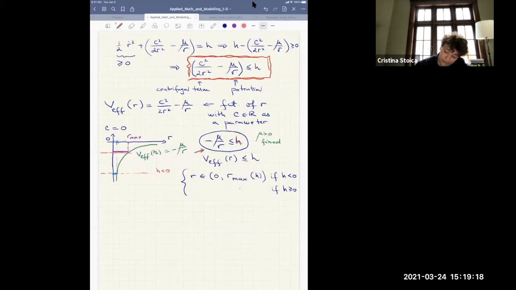So R is in between 0 and infinity, because if H is up, it can be from 0 to wherever. So any R would solve this inequality. That's what it is.